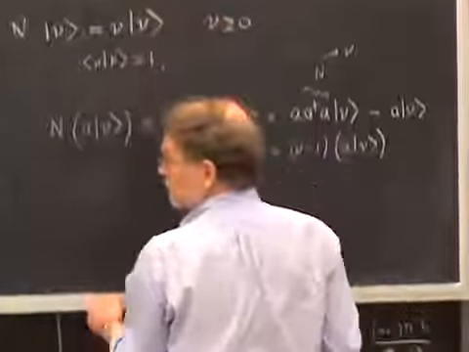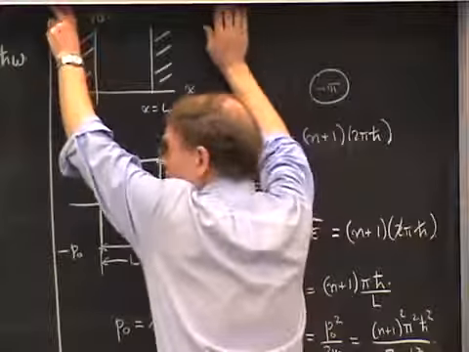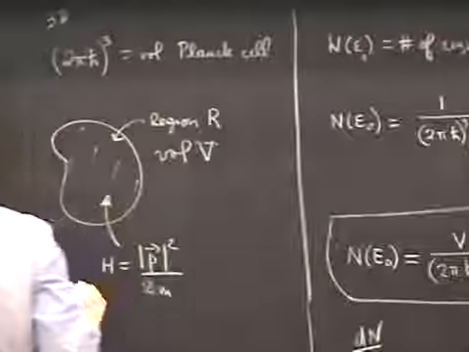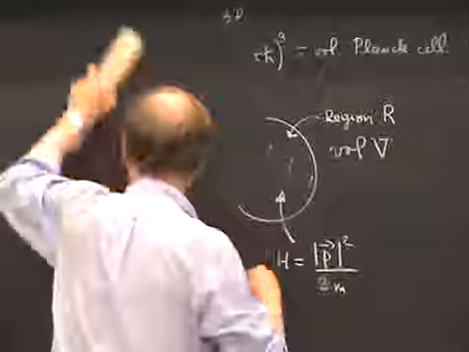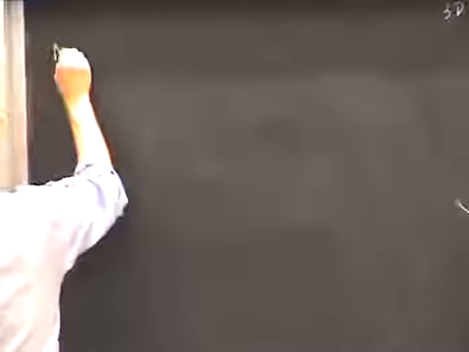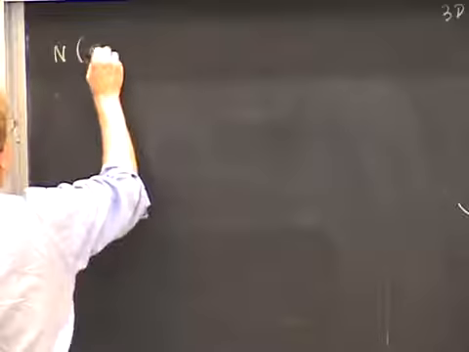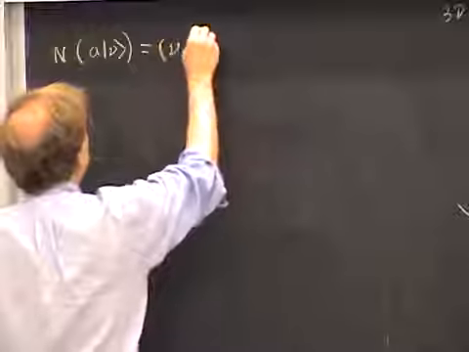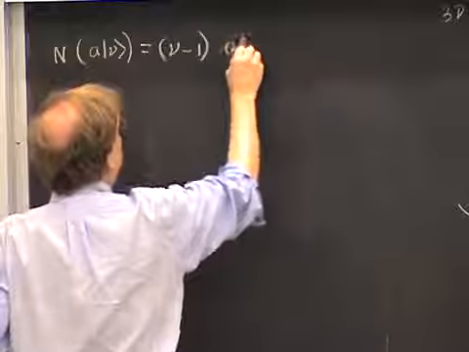So, to summarize this, we have the number operator n acting on A nu is equal to nu minus 1 times A nu.